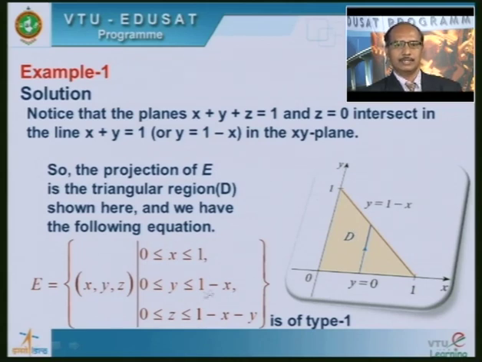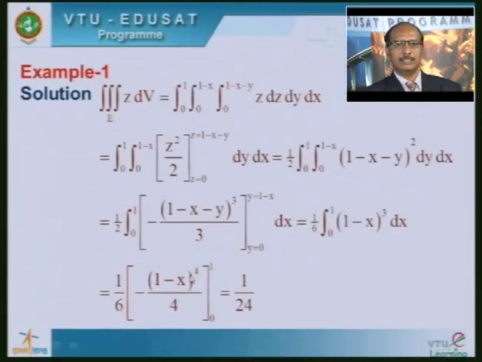Now, these are the limits of integration, so go for the evaluation. The given integral is z dv. You write dv as you wish. I want dz, dy, dx in this order, first dz. You can also write dx, dy in that order.